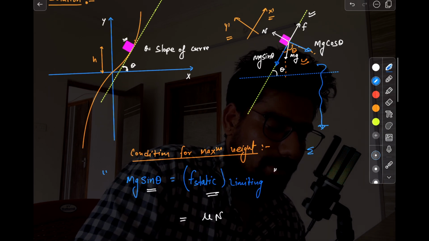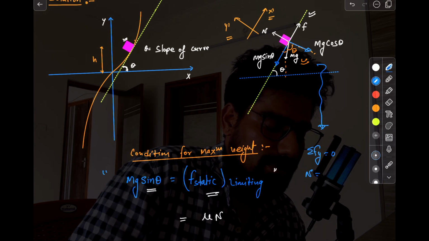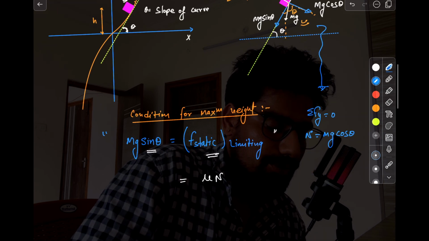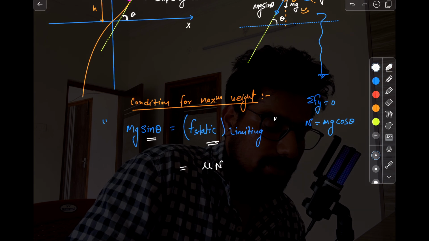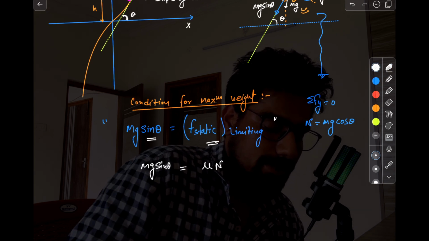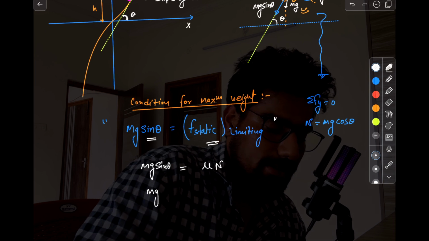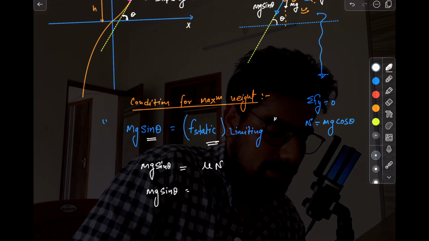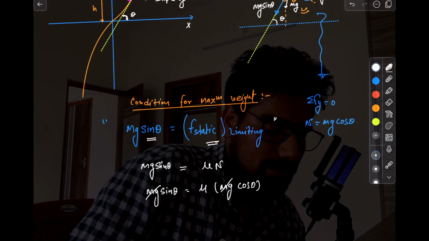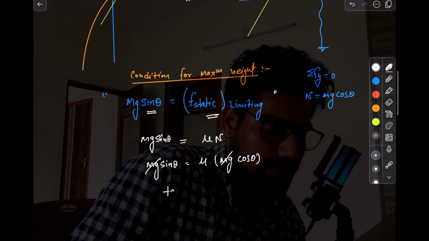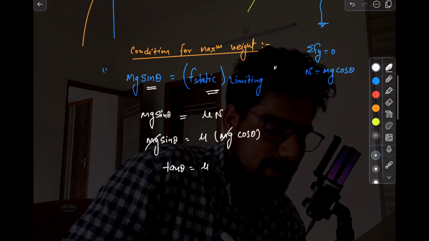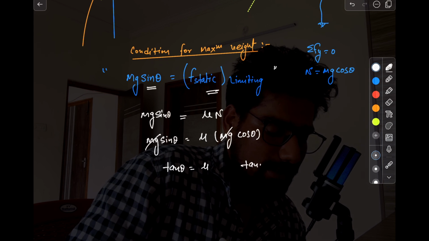So N is equal to mg cos theta, right? So mg sin theta equals mu N, which is mu multiplied by mg cos theta. So mg cancels out, and we get tan theta equals mu, and mu is 0.5, so tan theta is 0.5.